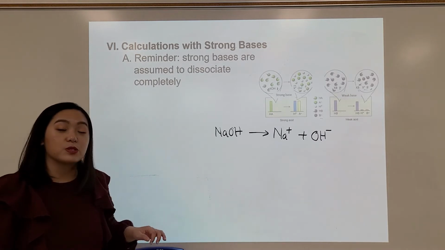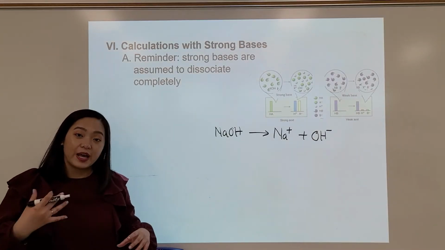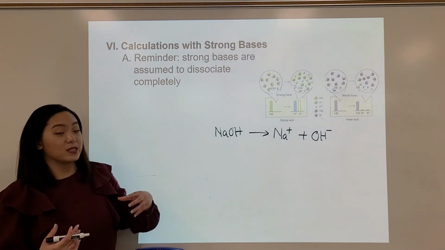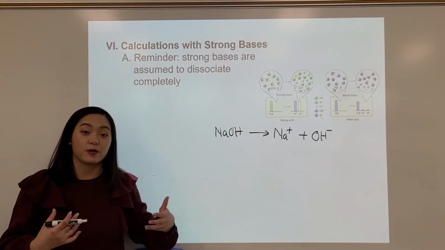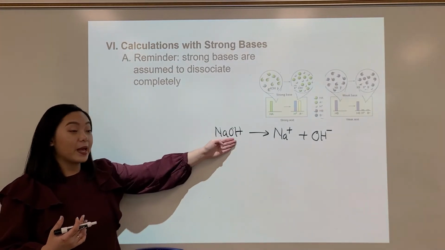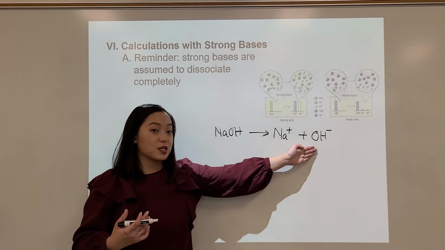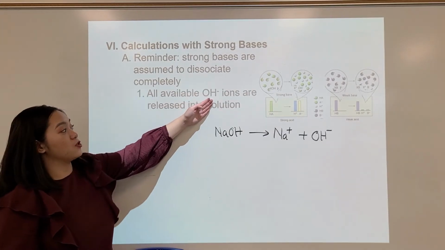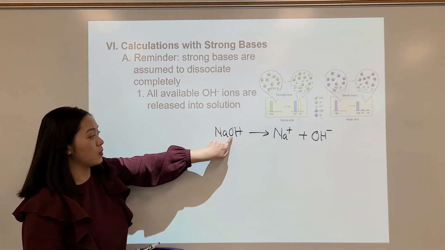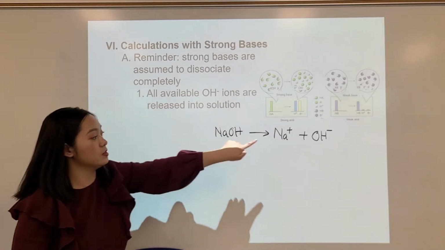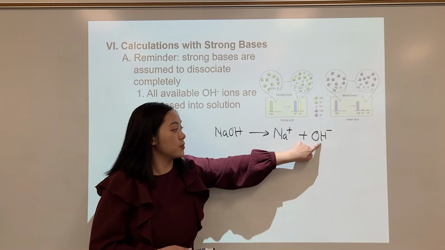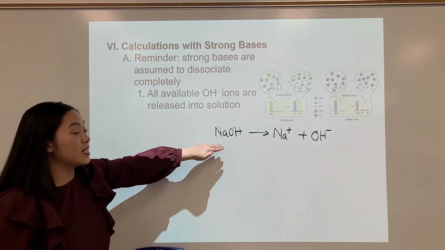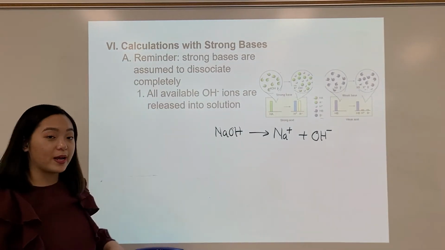Now the difference between a strong base and a strong acid is that a strong acid releases hydronium ion, or H+. A strong base releases the hydroxide ion. So all the available hydroxide ion, aka this one, is released into solution as this.